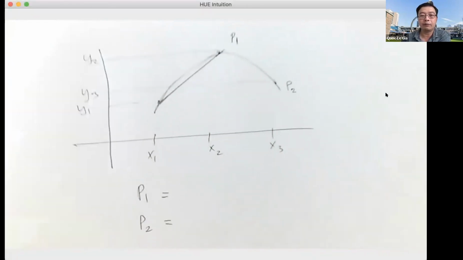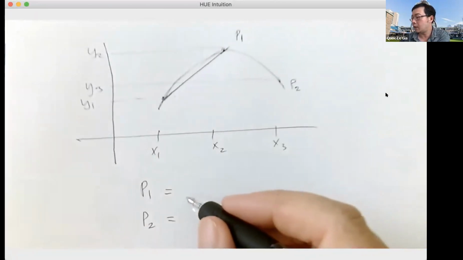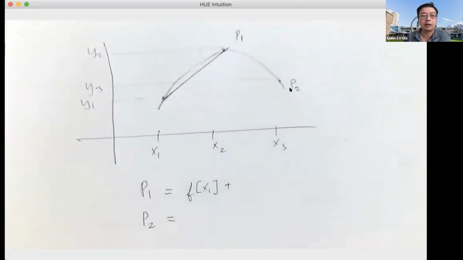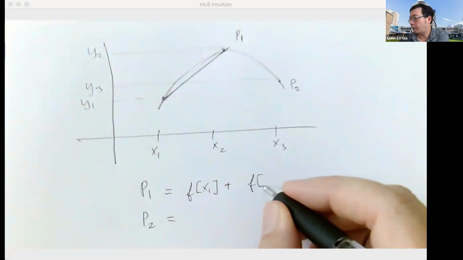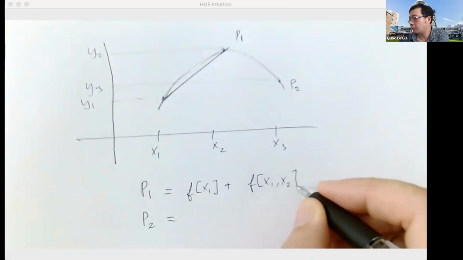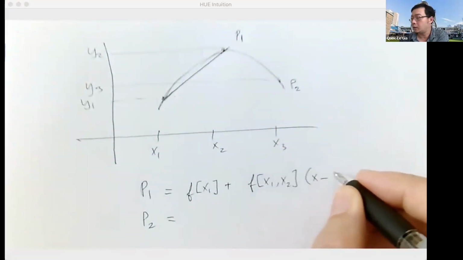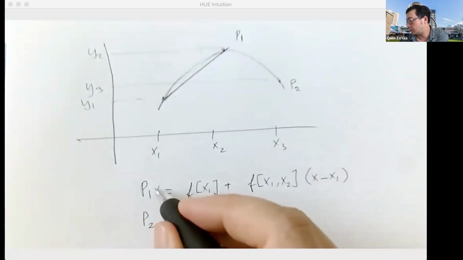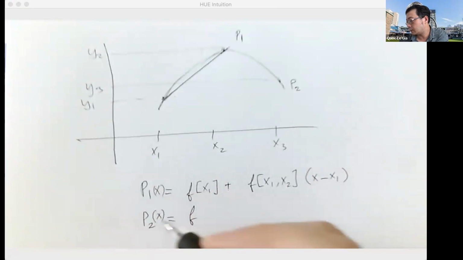So we have P1 is just f of x1 plus f of x1, x2, times x minus x1, right? And P2, so this one is P1(x) and this one is P2(x).